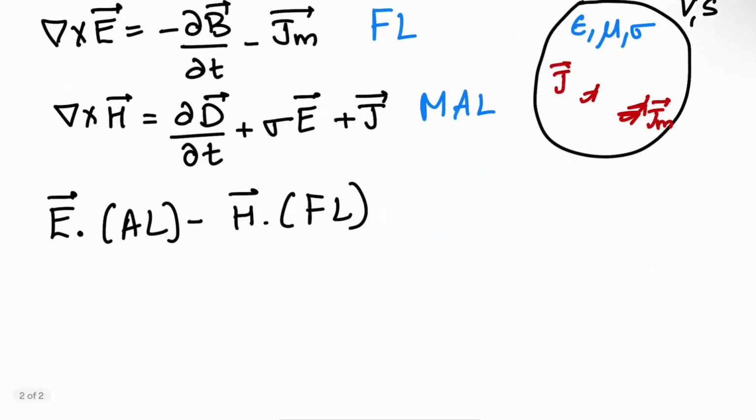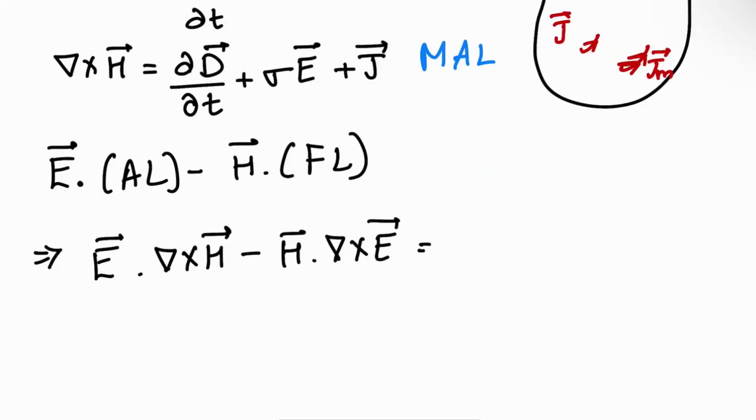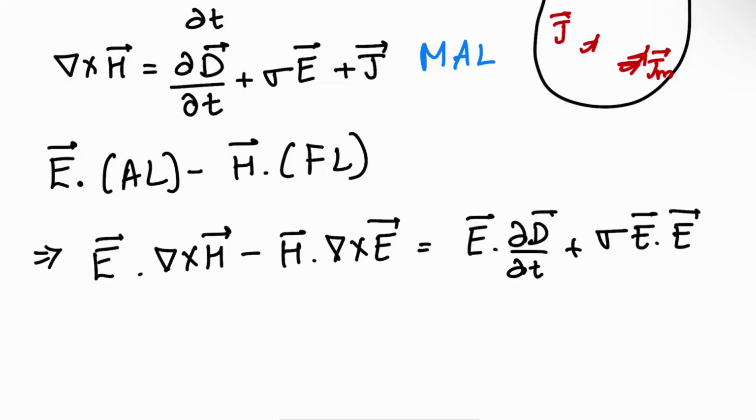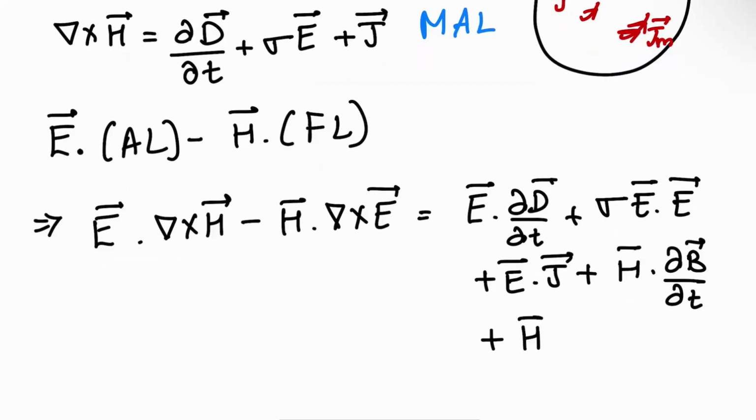And that gives us on the left-hand side E dot curl of H minus H dot curl of E. And on the right-hand side you get E dot dD over dt plus sigma E dot E plus E dot J plus H dot dB over dt plus H dot Jm.